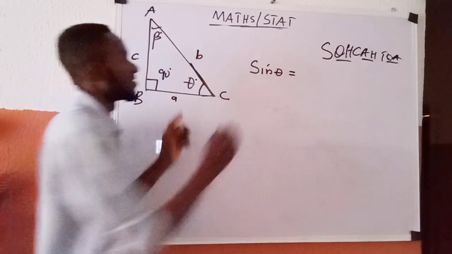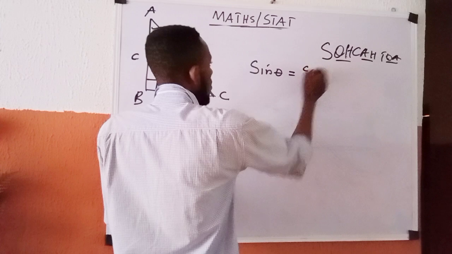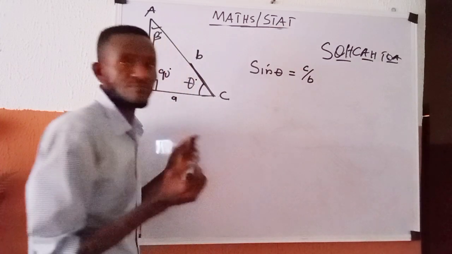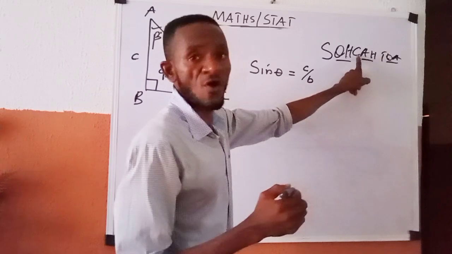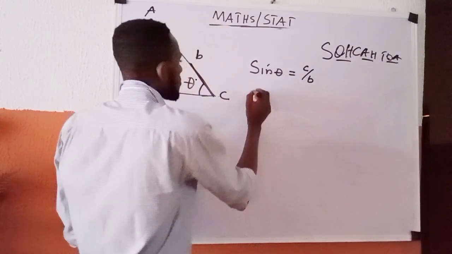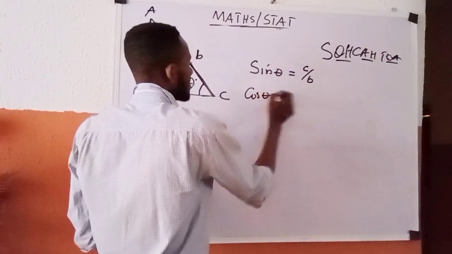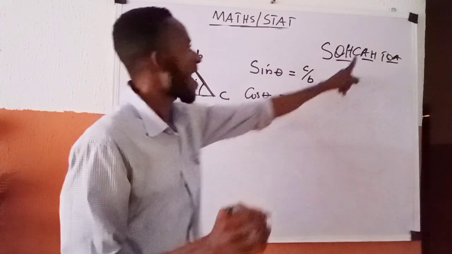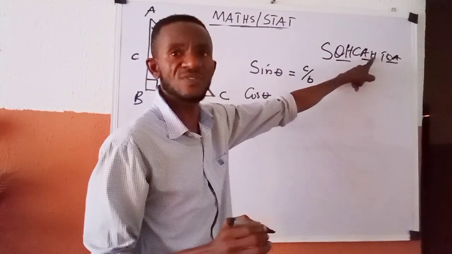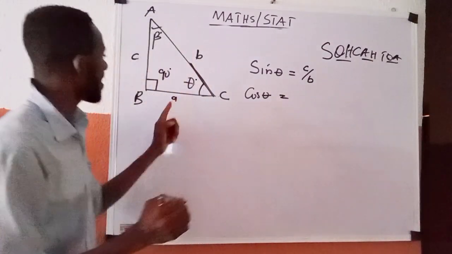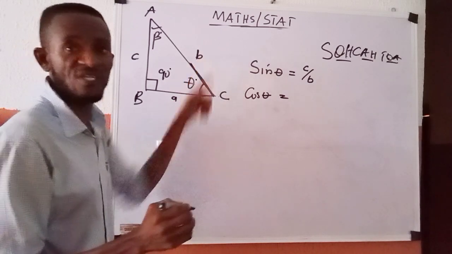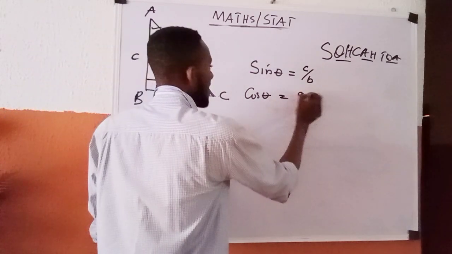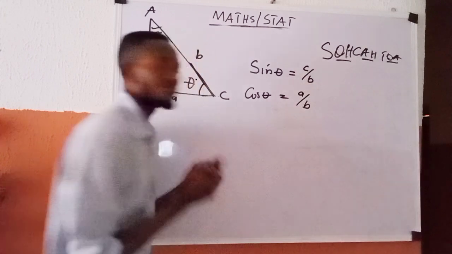It is B. So I have C all over B. Then for cos, cos theta is given as adjacent over hypotenuse. My adjacent is A, my hypotenuse is B. So I have A all over B.